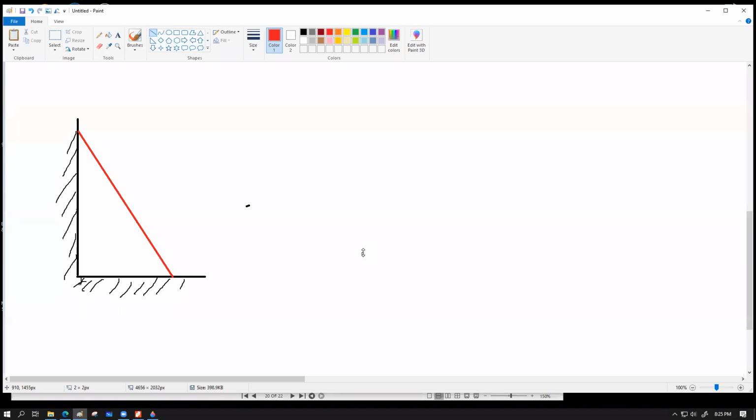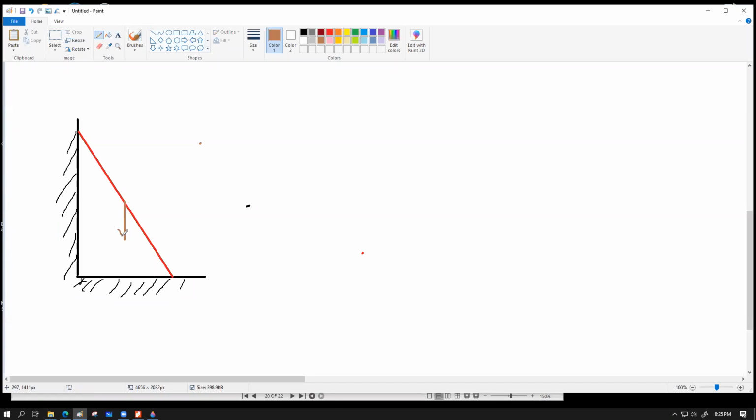Before I move into the idea, let me just give you some basic concept. The first thing that I need you to understand, assuming that this ladder is a uniform ladder, so let's assume that the weight is working exactly at the midpoint. So I'm going to label that weight with a downward arrow. Let's say I'm going to label that arrow with a brown arrow. So let's say this is the weight of the ladder.